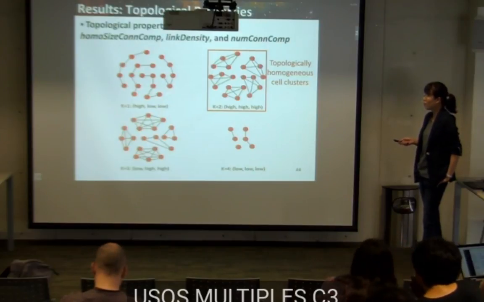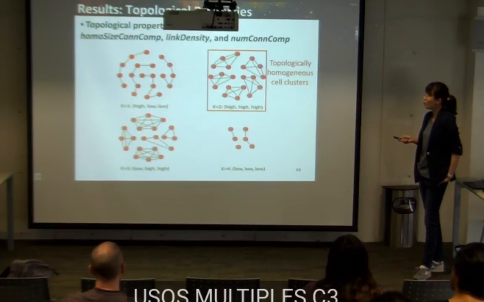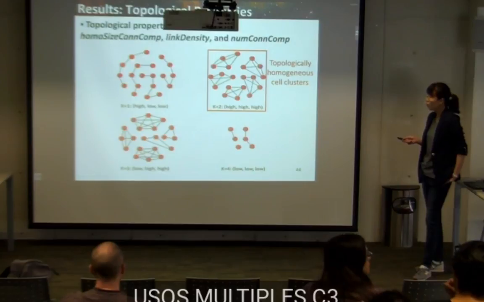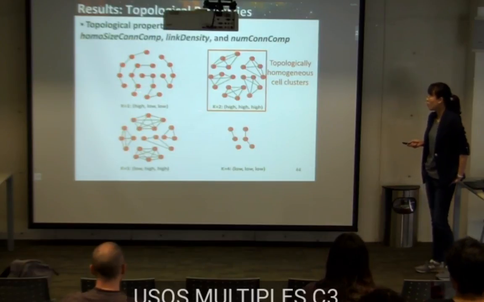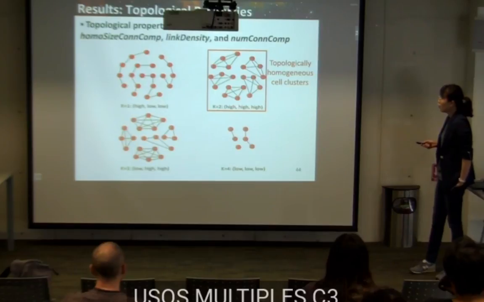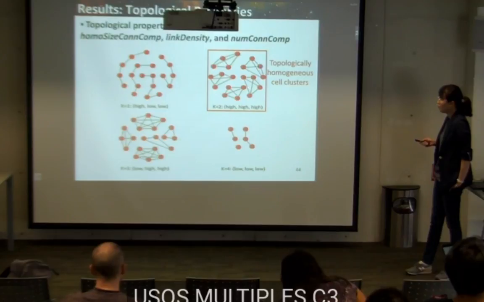The patterns at K equal 1 were composed of the homogeneous, large size connected component, which had a long chain. The patterns at K equal 2 were composed of the homogeneous size connected components where cells were interconnected.